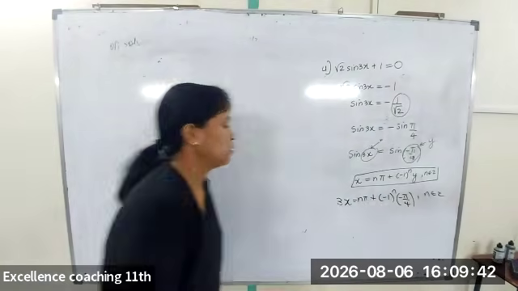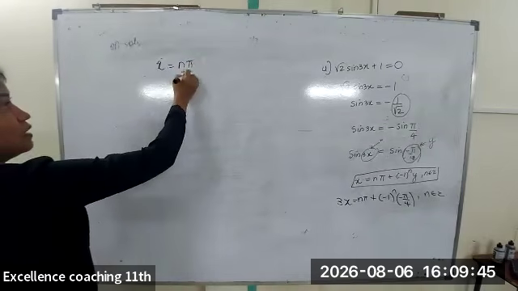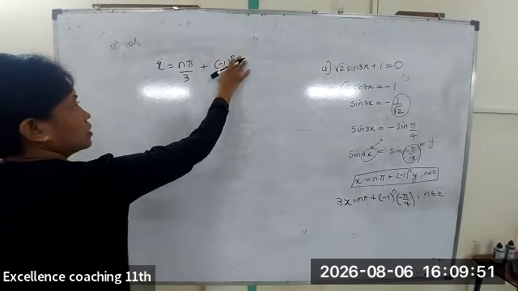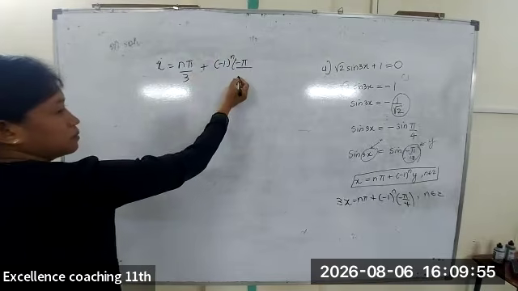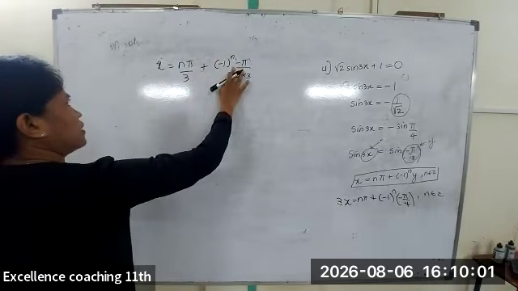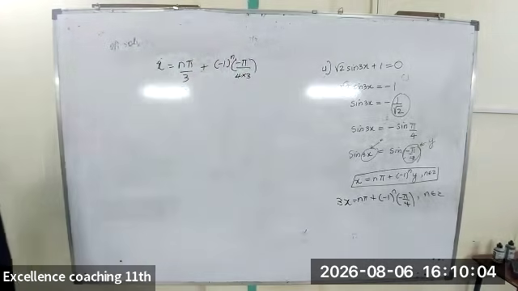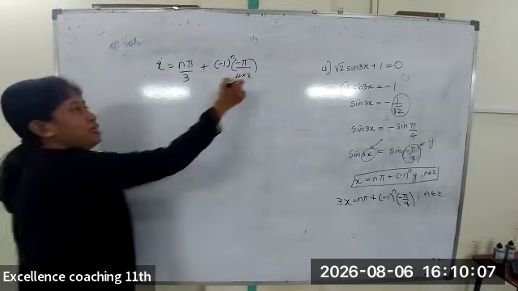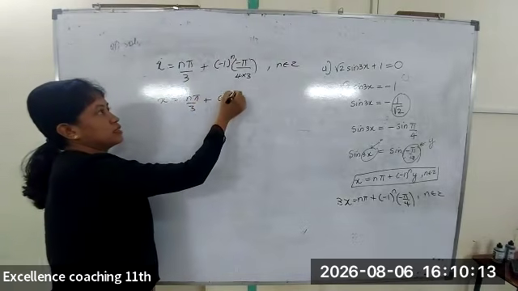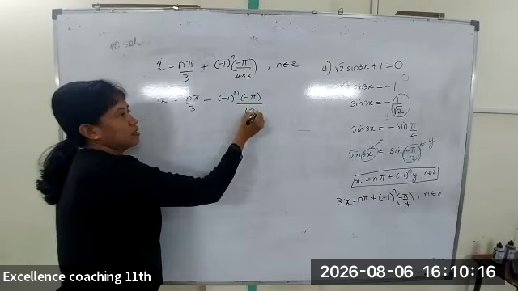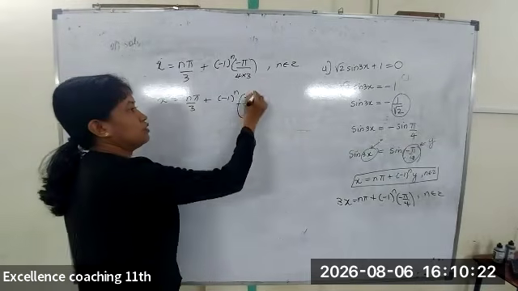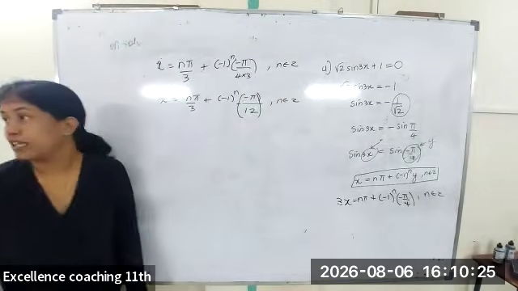So it gets shared to both. x equals n pi by 3, n belongs to Z. So in this step, you must have got minus pi by 12. Got this value? Everybody got pi by 12 in this step?